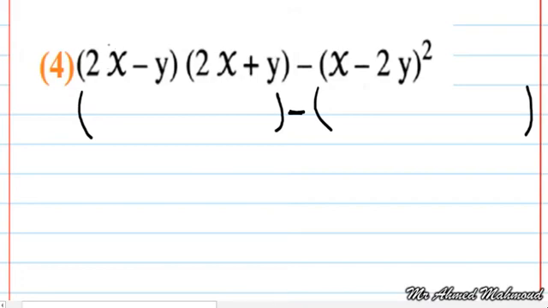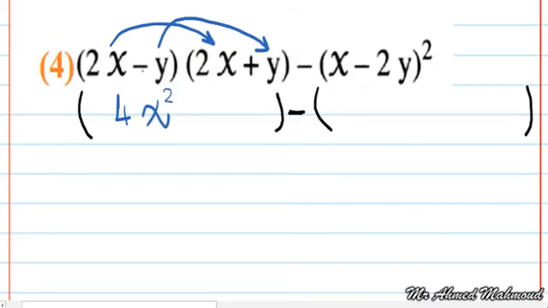I'm going to multiply first by first and the second by second. 2 times 2 equals 4x to the power of 2. Negative 1 times positive 1 equals negative 1y to the power of 2.